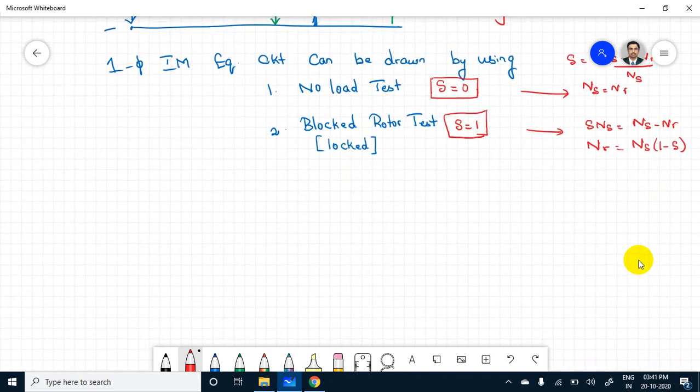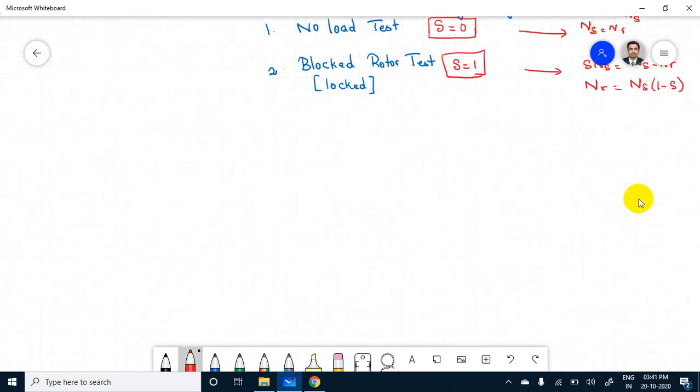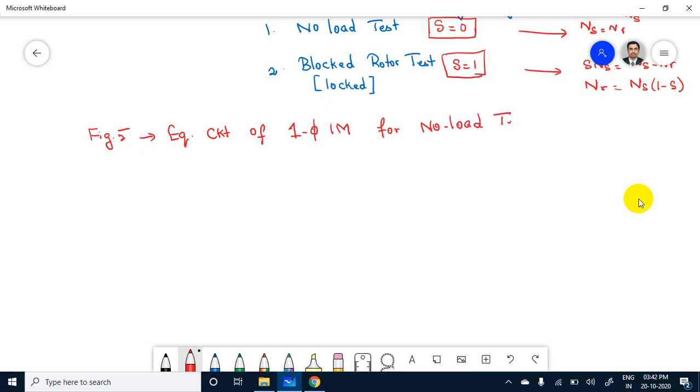Now by using S equal to 0 in the no load test, I am going to draw an equivalent circuit. Okay, so figure 5 shows the equivalent circuit of a single phase induction motor for the no load test.